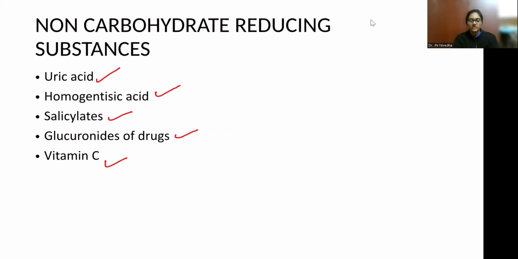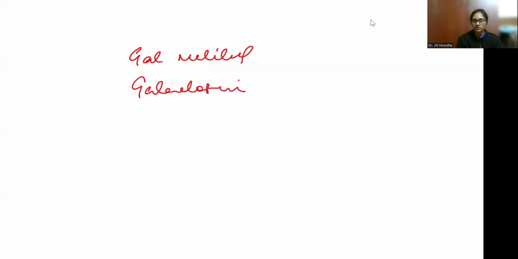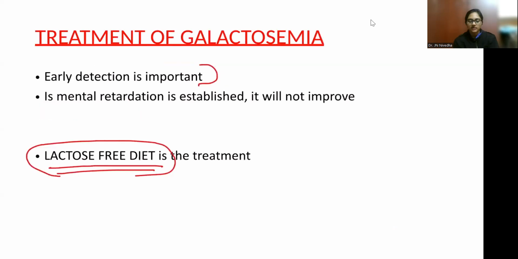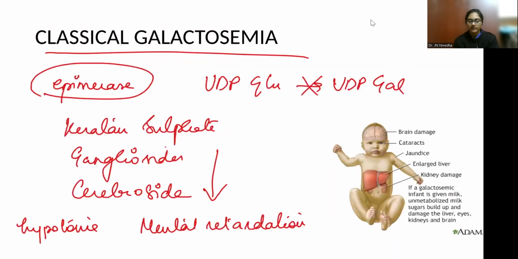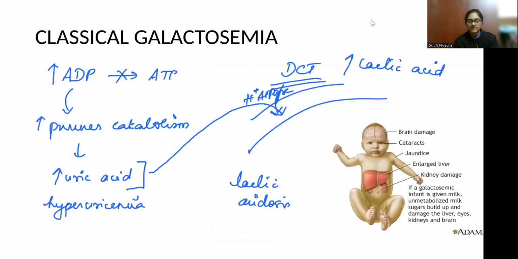All right, so this discussion ends here. What have we discussed? We have discussed galactose metabolism and galactosemias, all the biochemical features of galactosemias. Then we answered what is Benedict's test and what are the non-carbohydrate reducing substances.